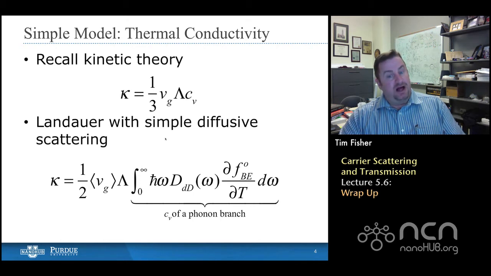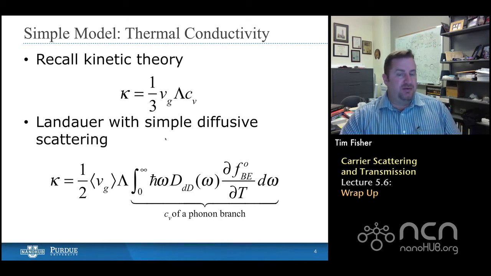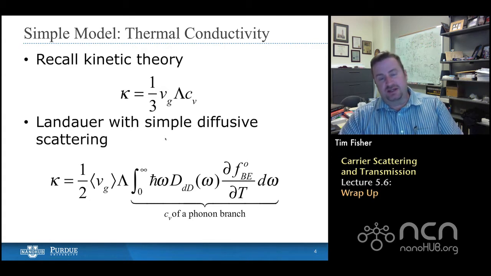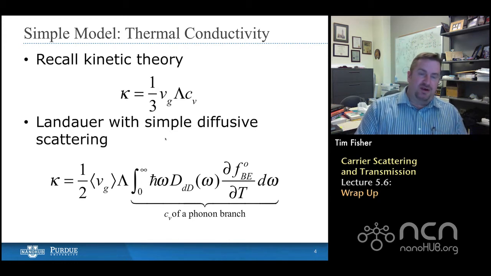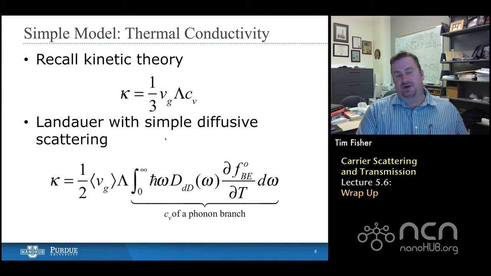And if we actually apply that simple scattering model using the Landauer approach, we found that indeed we get something very similar to, in fact, it's the same within a constant. It's a product of velocity, mean free path, and then the integral that remains is the specific heat. So the Landauer theory does revert back to, or give us back, the kinetic theory result if we have this very simple transmission function model. And so that should be somewhat reassuring that we're on the right track here.